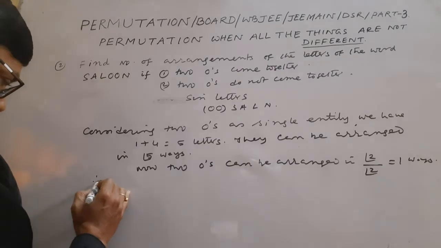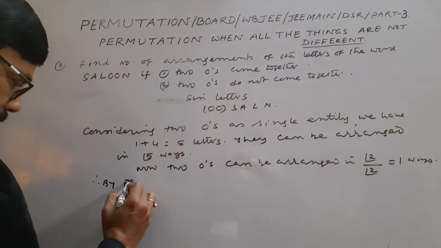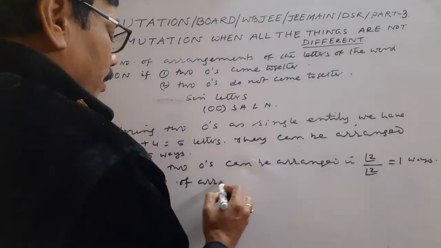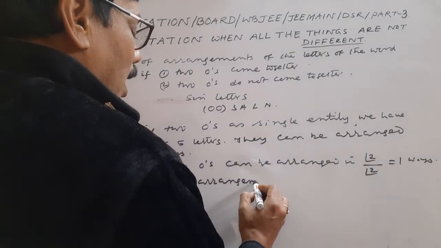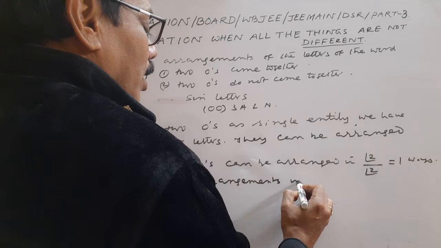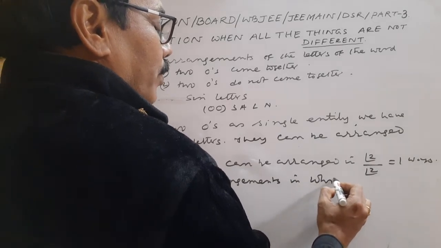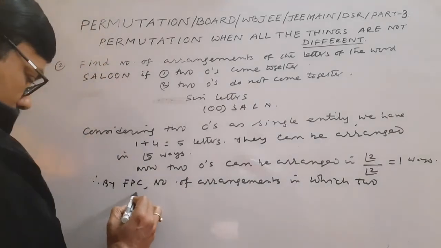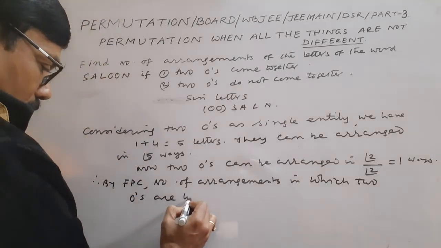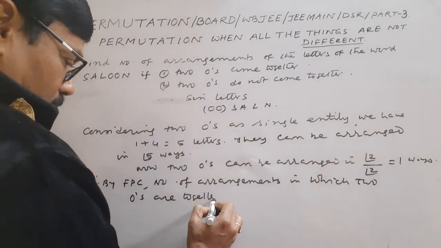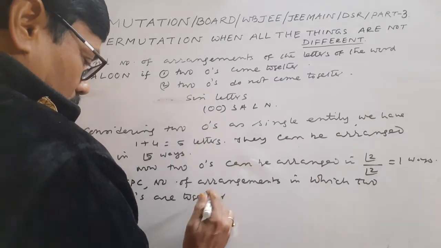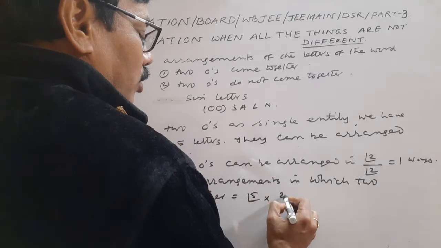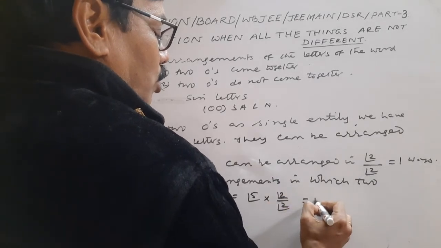Therefore, by the fundamental principle of counting, the number of arrangements in which 2 O's are together equals factorial 5 into factorial 2 by factorial 2, so 120.